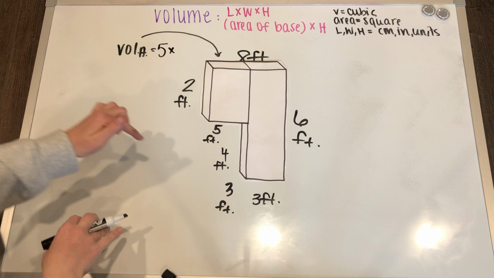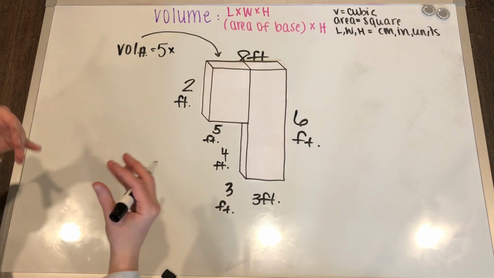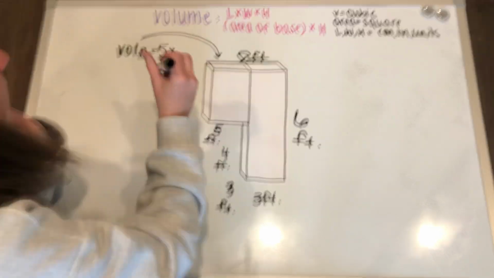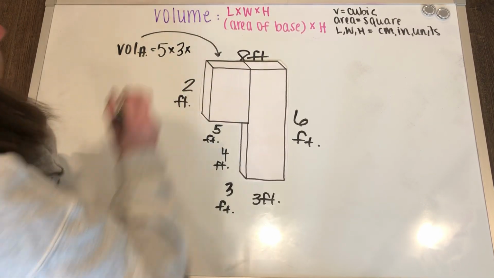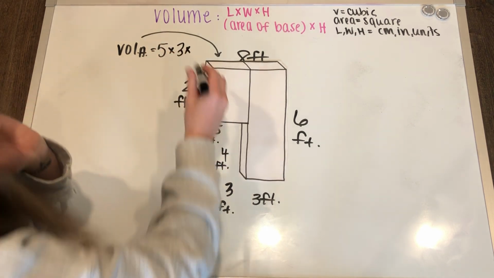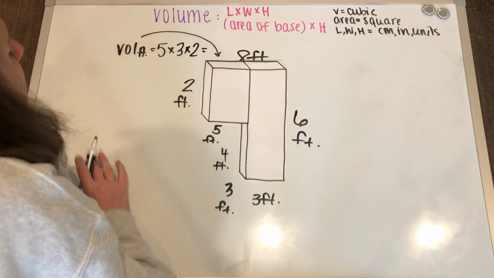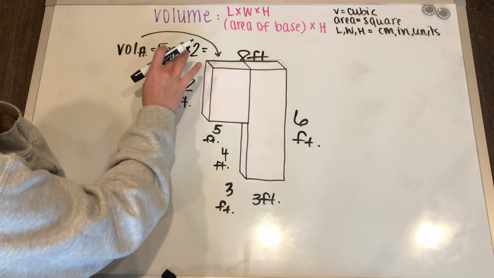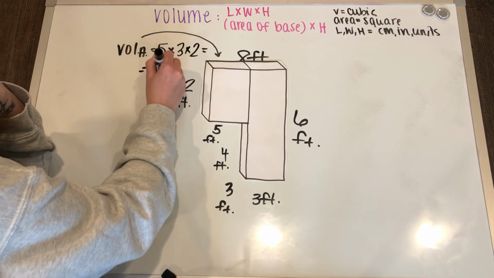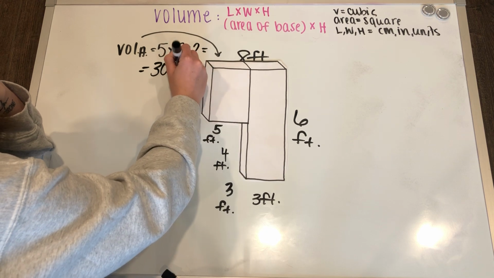I'm not given the width here. But again, the width is the same throughout the entire prism. So where did I find the width? Right here. So the width is 3. And then how tall is prism A? Well, my height right here is 2. So now I just have to multiply 5 times 3 times 2. And that equals 30 cubic feet.